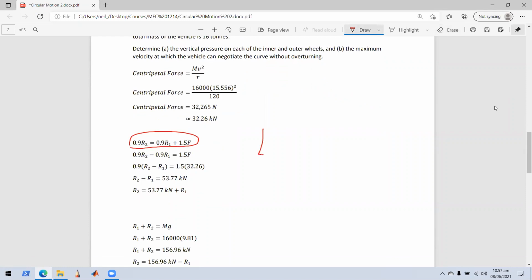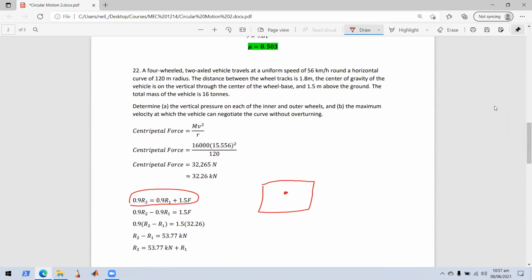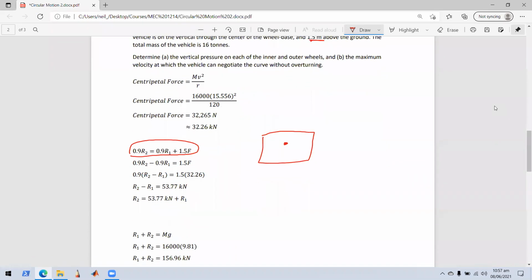We have our little car here. The center of gravity is 1.5 meters above the ground. That's where this F is going to be acting. This here is F, going that way.